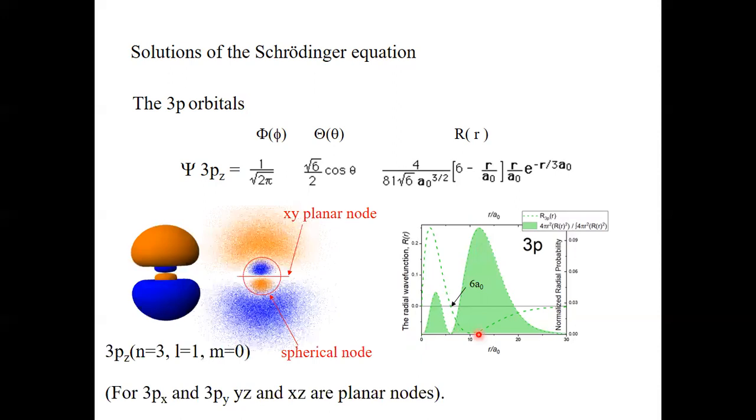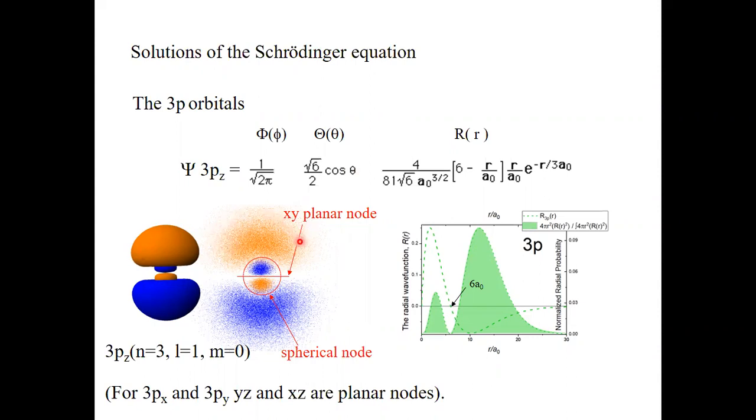Okay, so now, because this angle theta appears here, we also have an angular node, and we could again calculate that this is a planar node, which is in the xy plane. So overall, the shape of our orbital is now defined by a spherical node and a planar node.